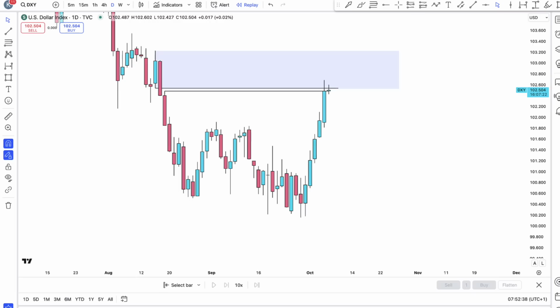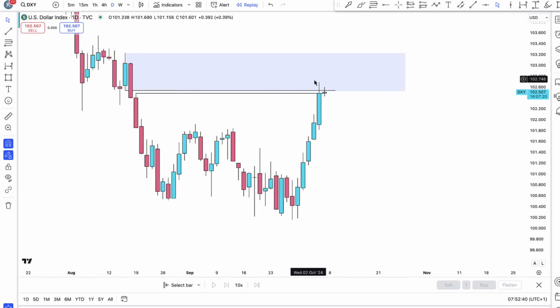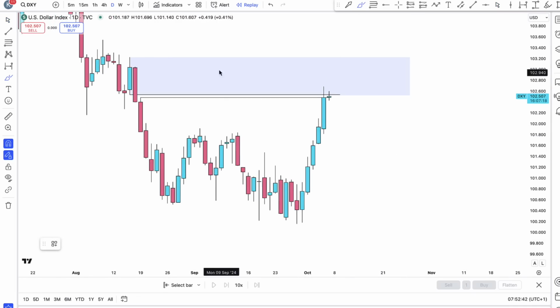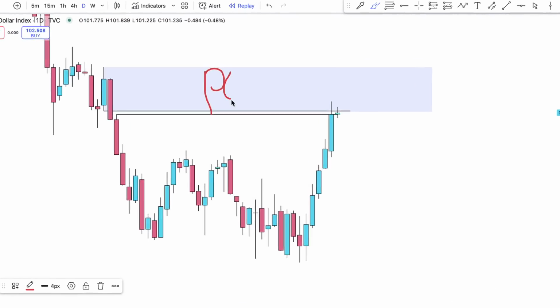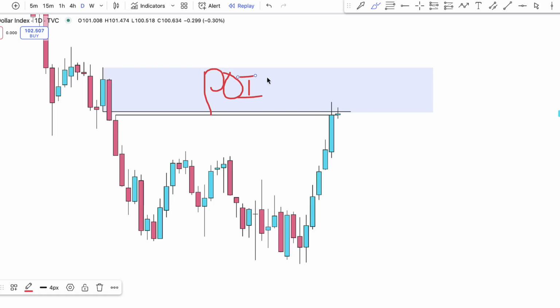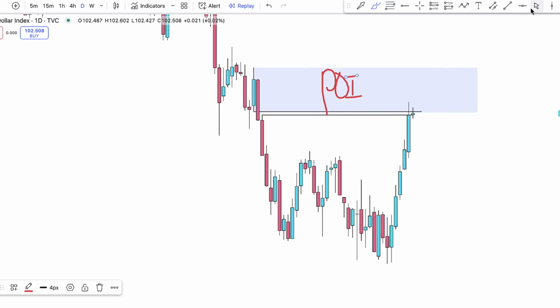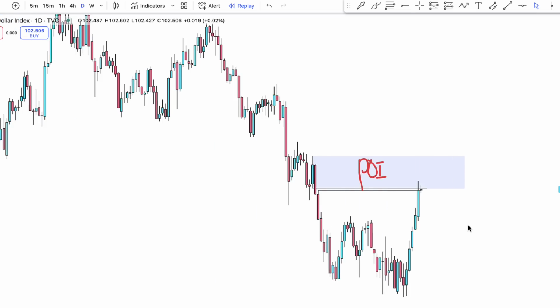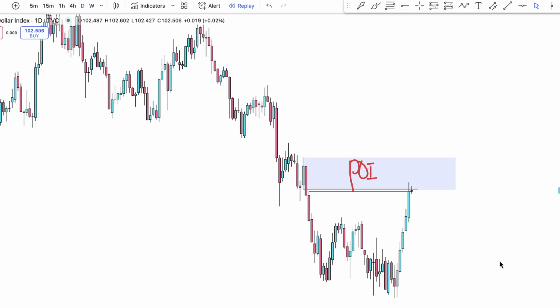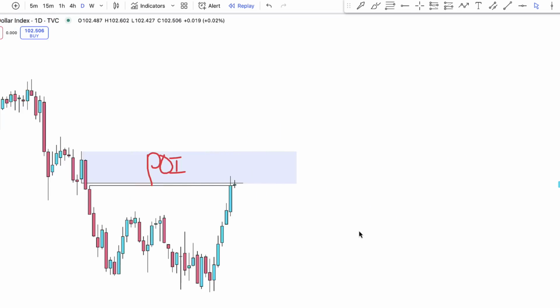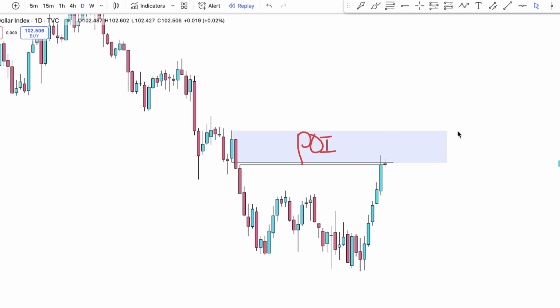So coming back to our charts now, guys. We know that price has traded into an institutional reference point. That is the point of interest, because as price was going, it was targeting this nearest point of interest. And since we know that price has been trading bearish, it is most likely going to continue bullish.